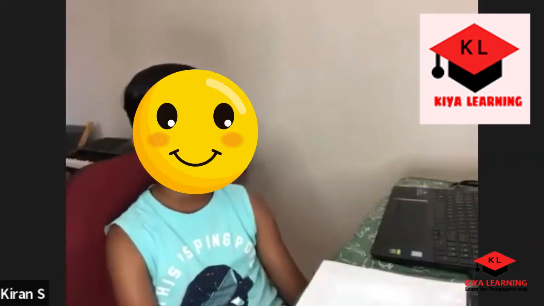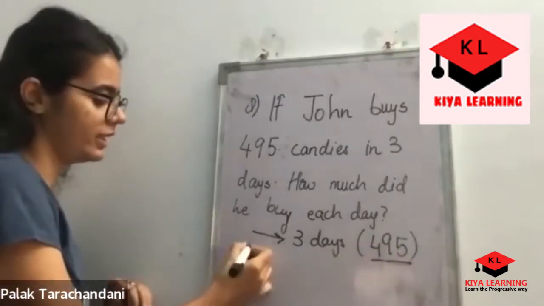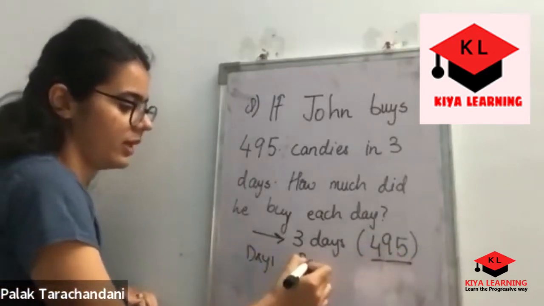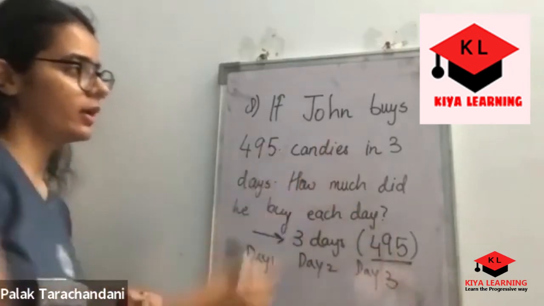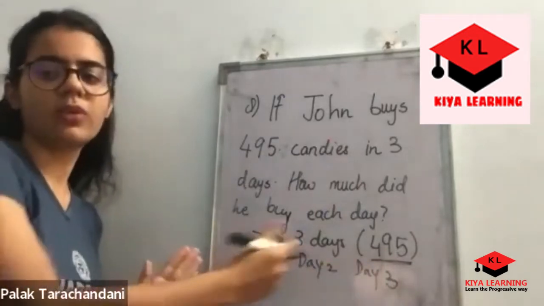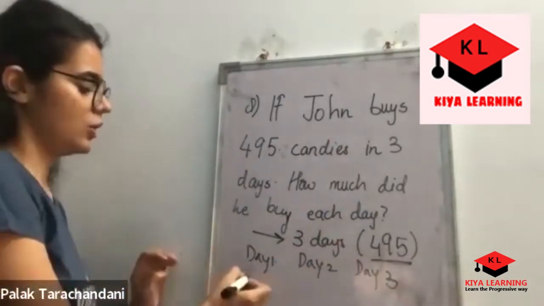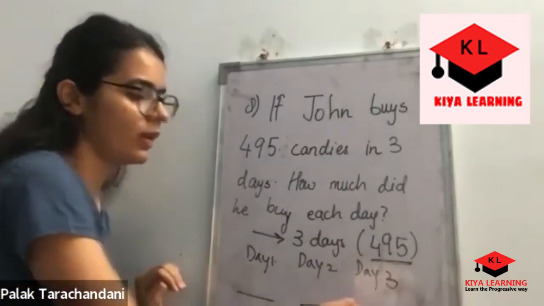He must have bought them each day to get 495, right? So let's say this is day 1, day 2, and day 3. So what he really did is, he went to the shopkeeper each day and bought an equal amount of candies. So he must have bought some number of candies on day 1, followed by day 2 and day 3.